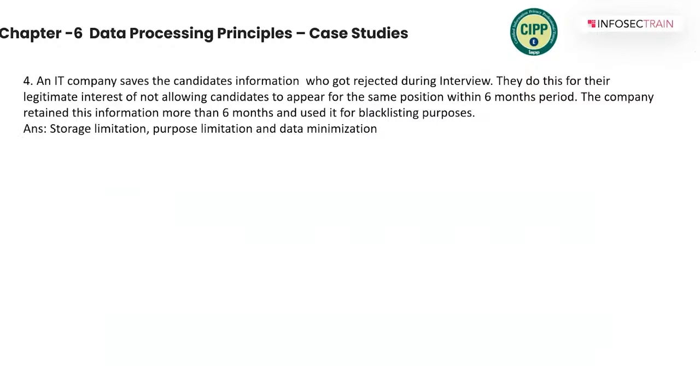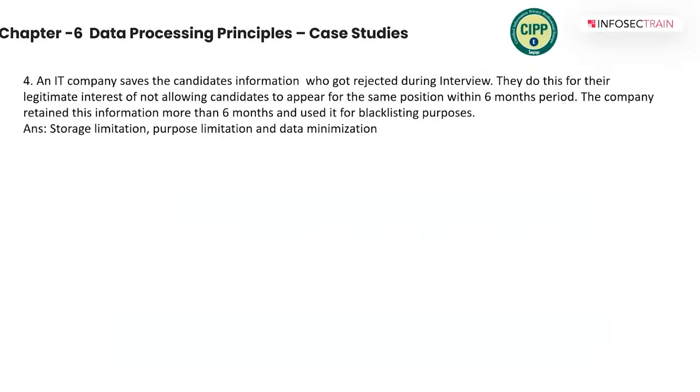The answer is storage limitation, purpose limitation, and data minimization, right? Because you have stored the data longer than the actual purpose required, which is ideally 6 months, beyond the retention period. Second, purpose limitation, because you have used the data for an unstated purpose when you collected the data from the candidates.